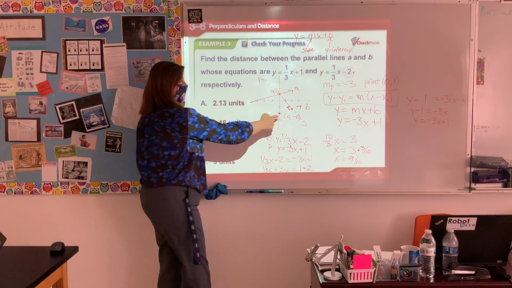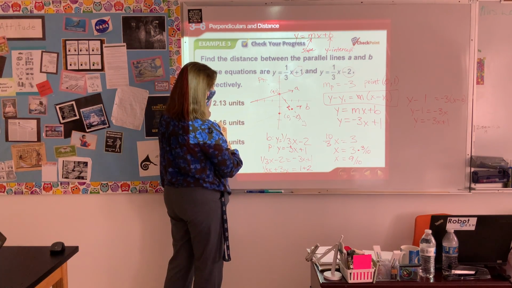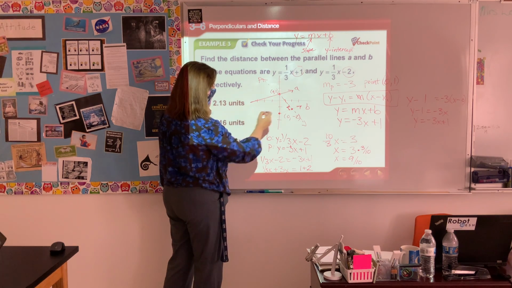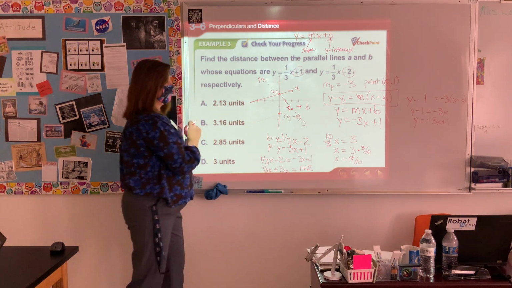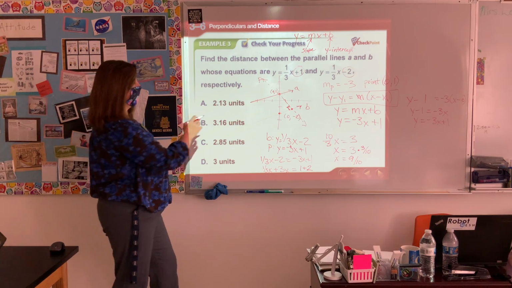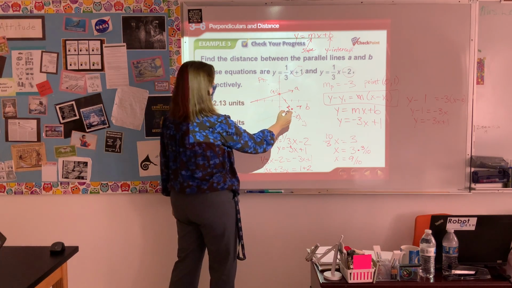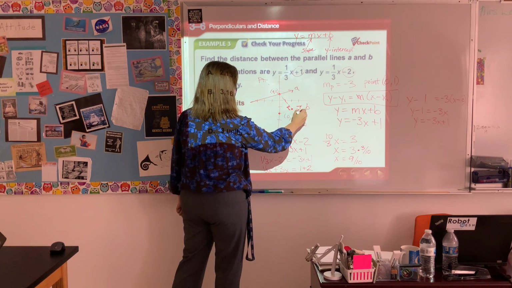Okay, so that gives us the x value of where this is going to meet. So 0, 1, and this one is going to be 9/10.